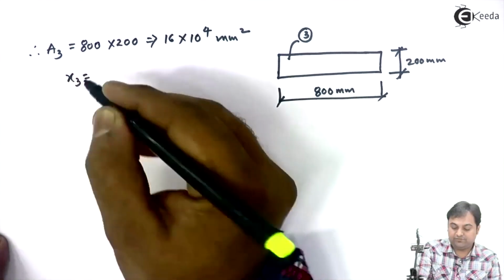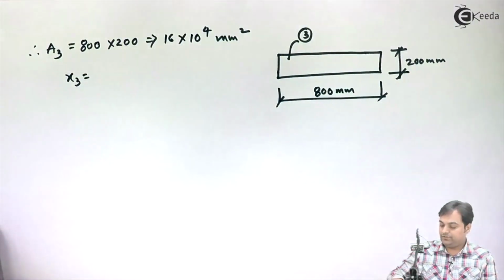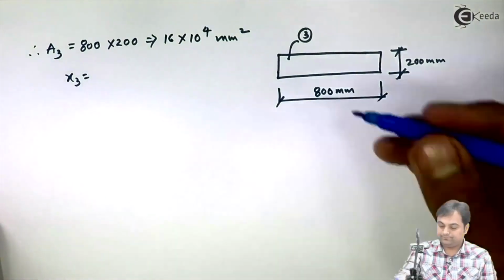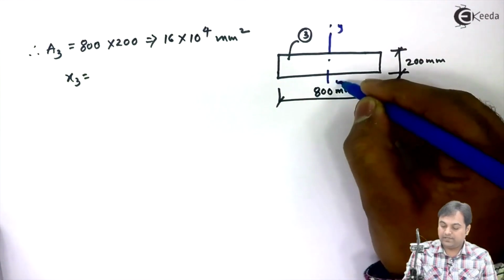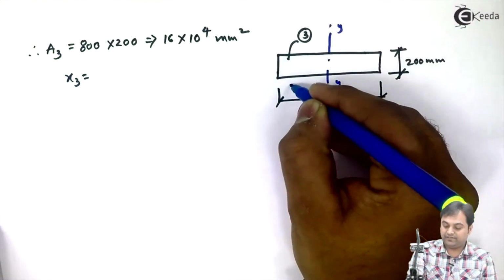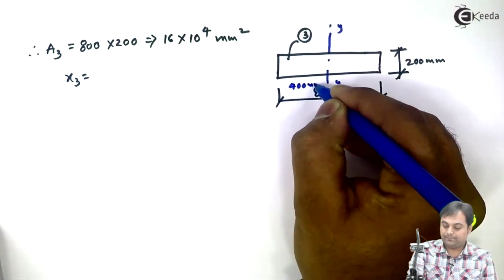x3 is the location of the y-axis for the third rectangle. Again this y-axis will be at half of 800, that is 400 mm.